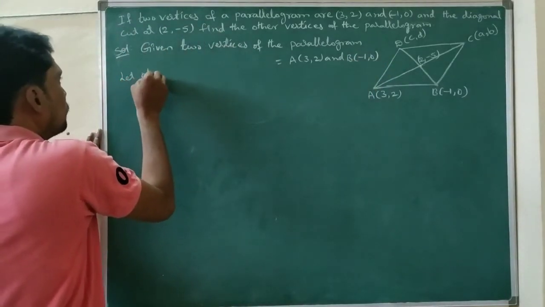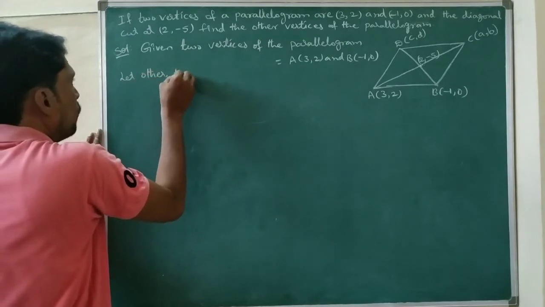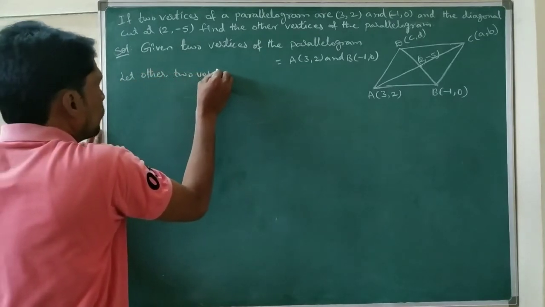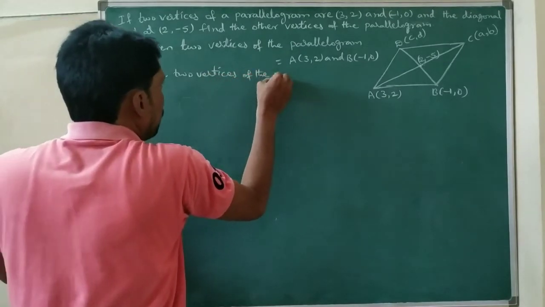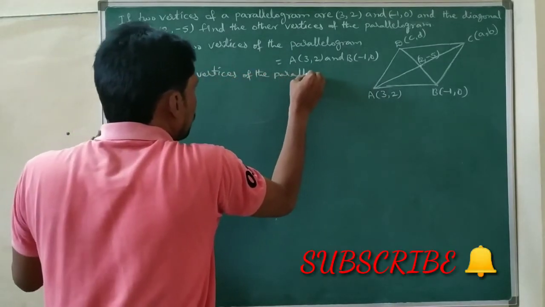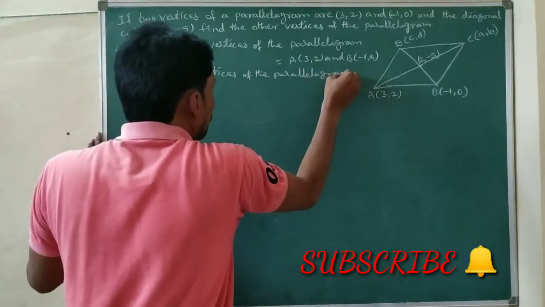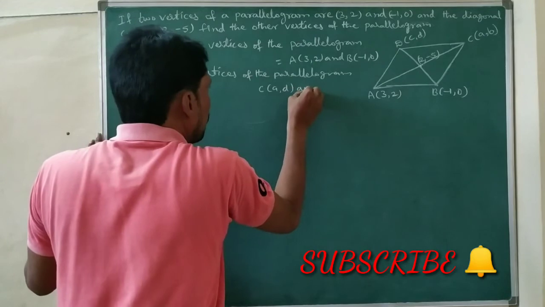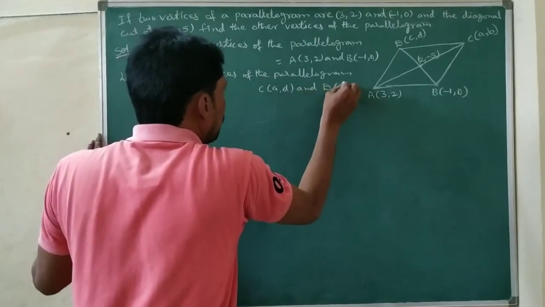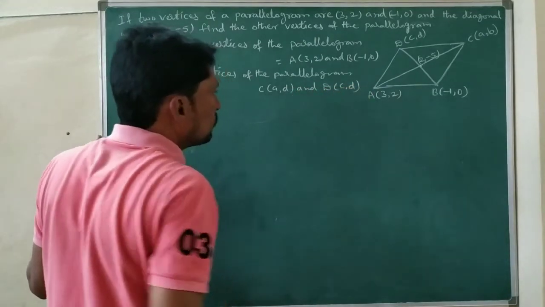Let the other two vertices of the parallelogram be C of a, b and D of c, d.